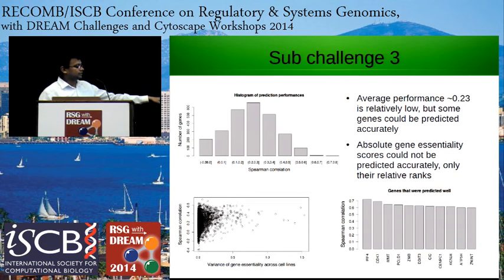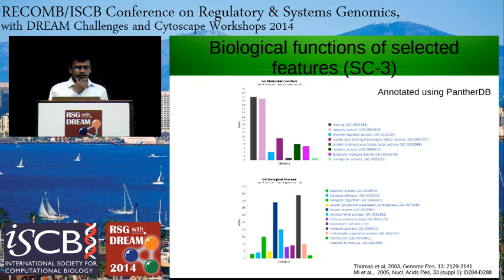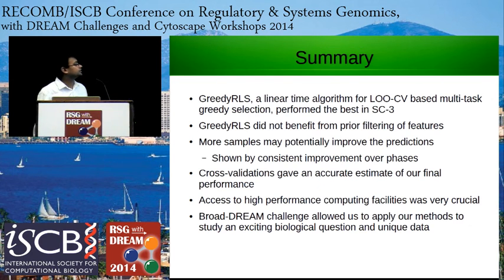And here on the lower left side, I try to dig into the reasons why some of them could be predicted well and some could not. On the x-axis, I have the variance, but there is probably not such a high correlation. Finally, we also tried to use the annotation of the gene ontology features. Again, we get some very general molecular functions, and we probably need to look more deeply into these.